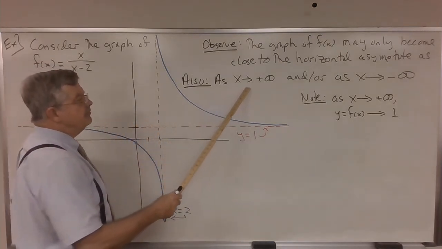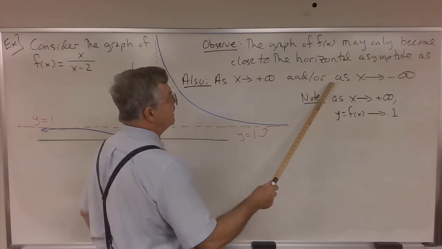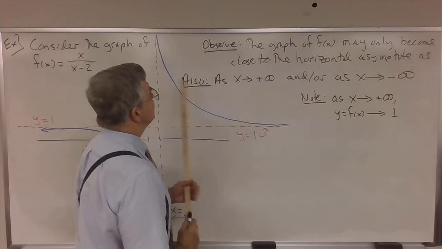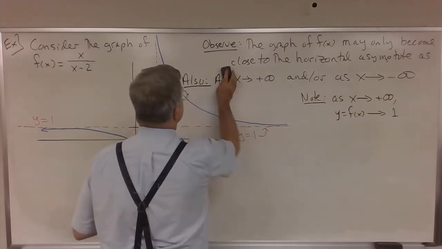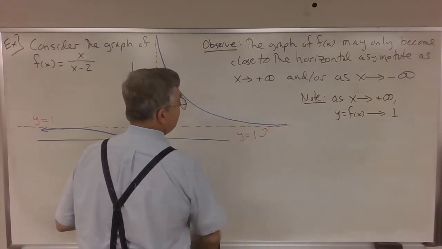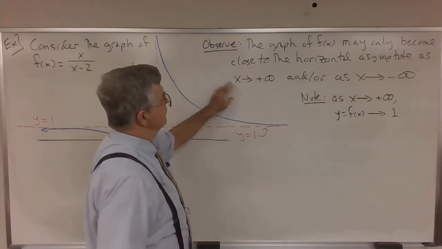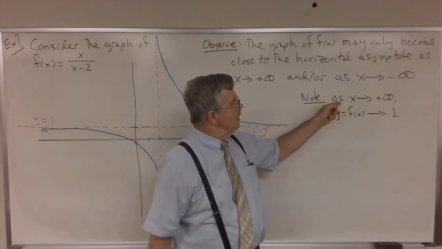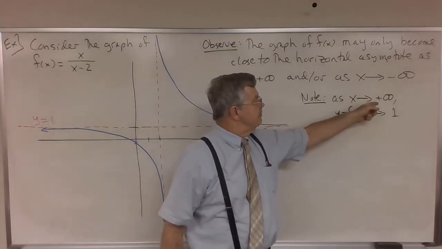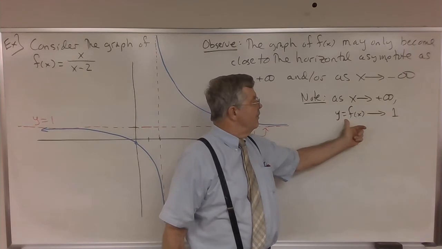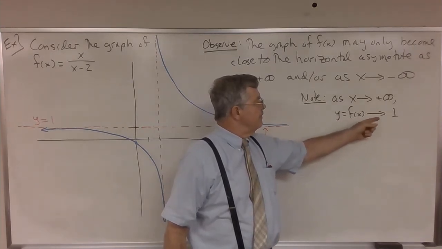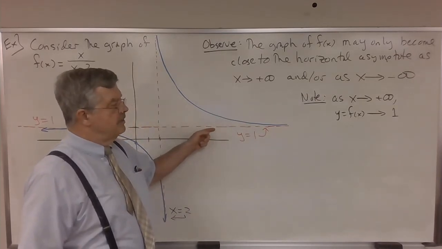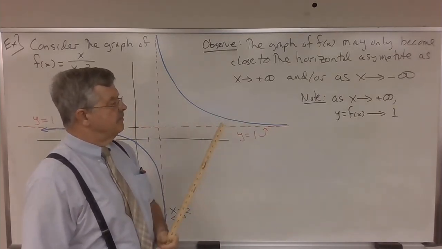This is what we're saying. As x approaches plus infinity, the y or f of x value gets closer and closer to 1, which is the y coordinate of the horizontal asymptote.